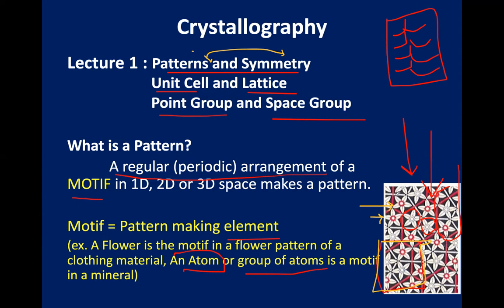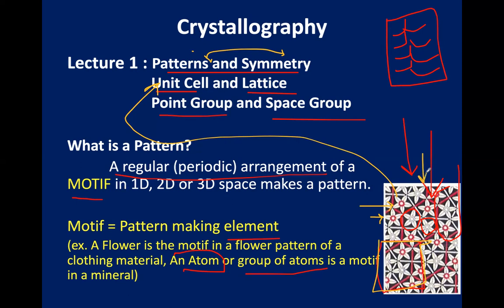So the smallest repeating unit is this single flower, which we can define as the unit cell. Unit cell in a crystal is called the smallest repeating unit inside a crystal. Some crystals have just one repeating unit, so in that case the unit cell is the same as the repeating unit, but in some crystals there are several repeating units like you observe here.